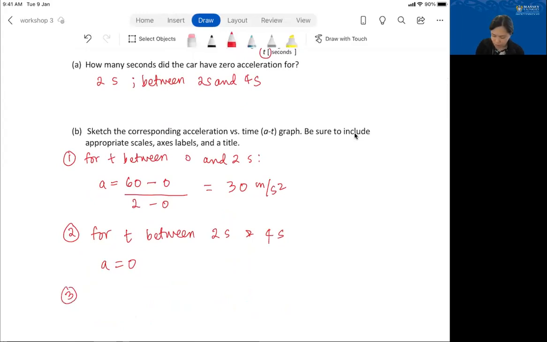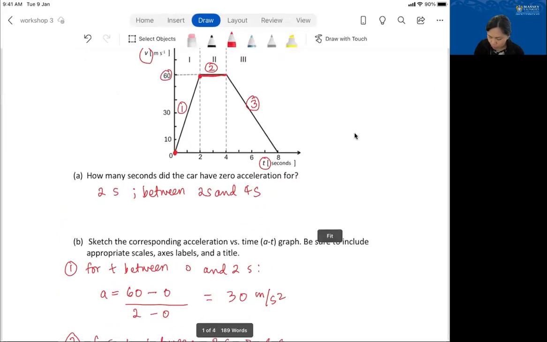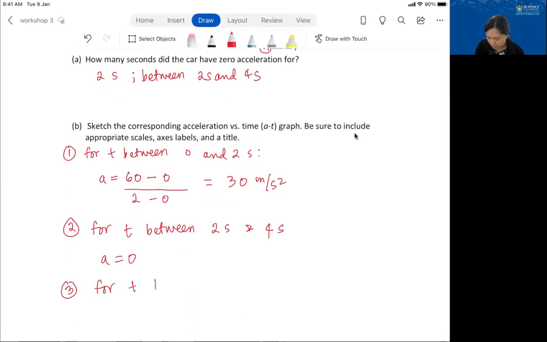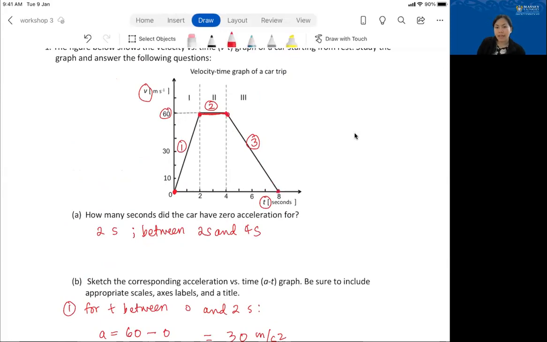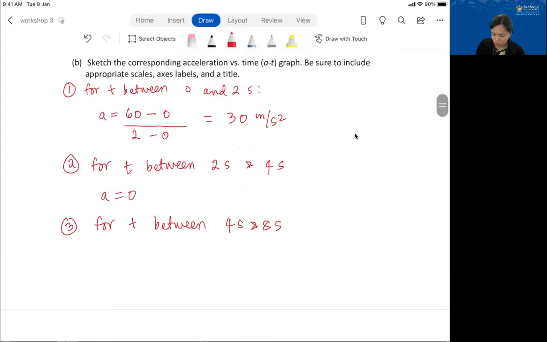And then for the final section of the graph, for the time between 4 and 8 seconds, it's a straight line graph. Again, get 2 points along the graph and read the final and initial times and velocity. For simplicity, I'll take the 2 endpoints. My final velocity is 0 at my final time of 8 seconds.